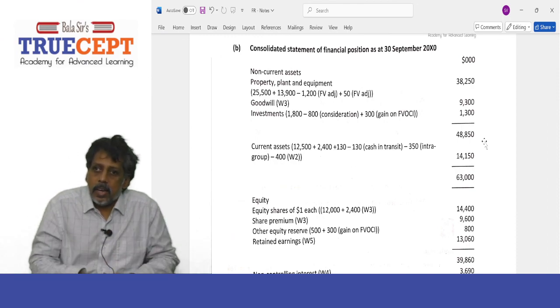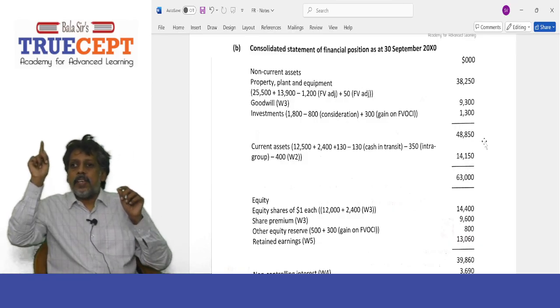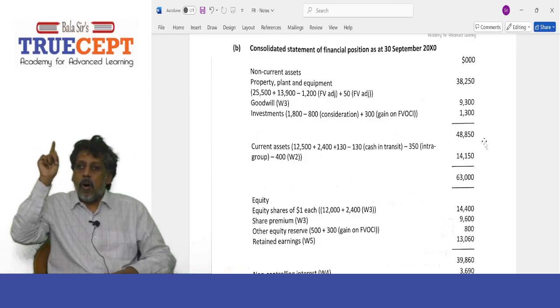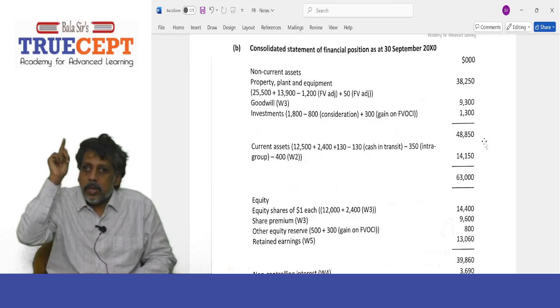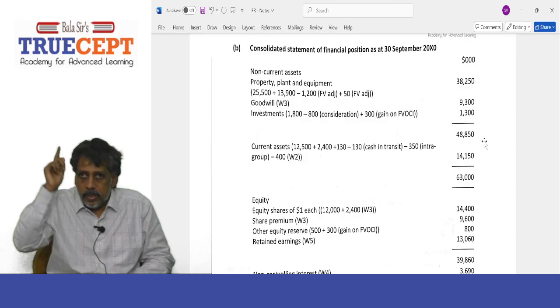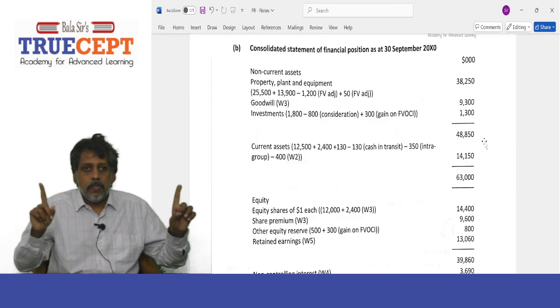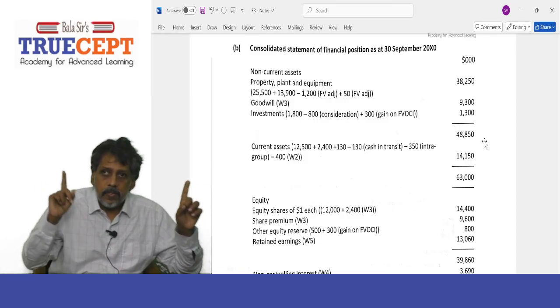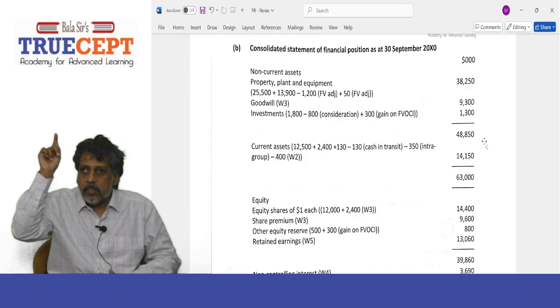Exactly. So your balance is still 480. What should you do? Your current asset includes 480. That's why remove 130. After minusing 130, both have 350 payable and 350 receivable. Got it? So minus 130.